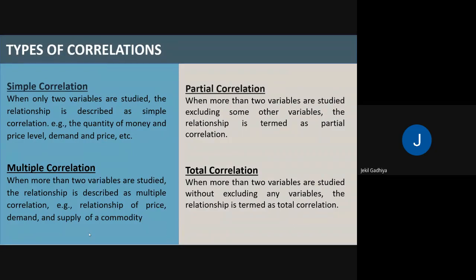Simple, we studied only two variables. Multiple relationships have more than two variables. In partial and total, there are more than two variables, but in partial we studied only two variables, and in total we studied each and every variable. So this is the classification of the correlations.